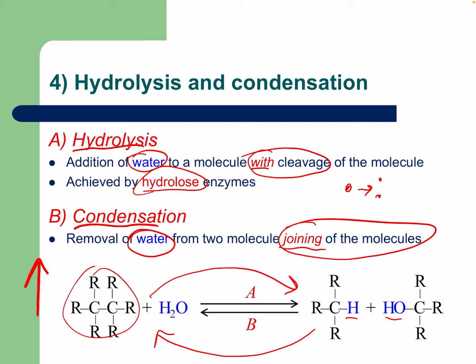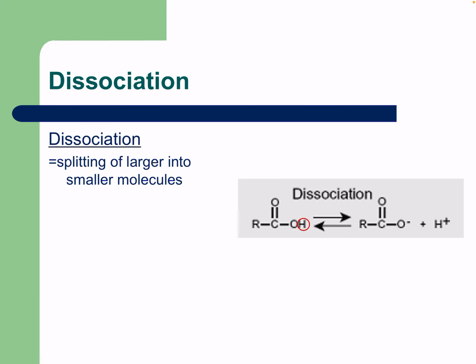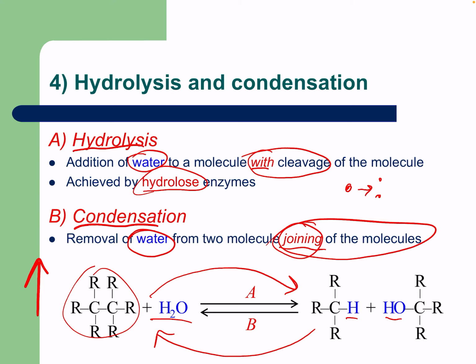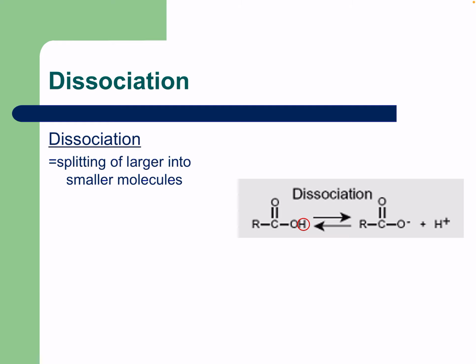Now we have the one molecule and the removal of water, joining the molecules. Essentially, hydrolysis is the addition of water with cleavage, and condensation is the removal of water with joining. Dissociation is another way of saying the splitting of larger molecules into smaller molecules.